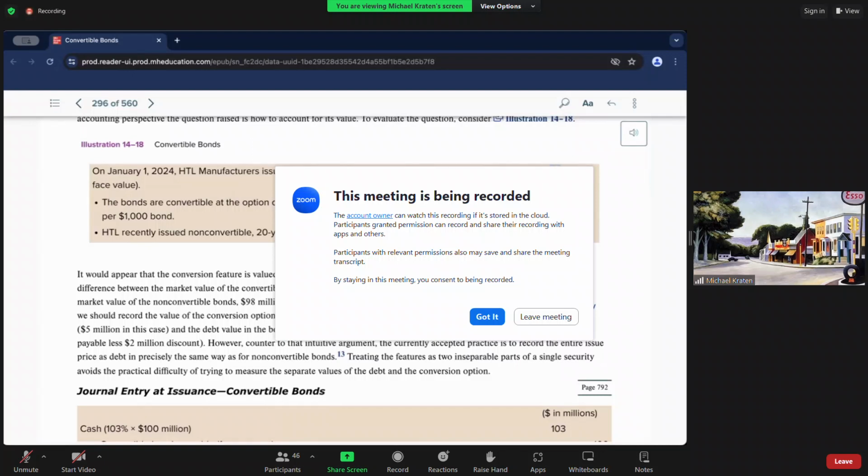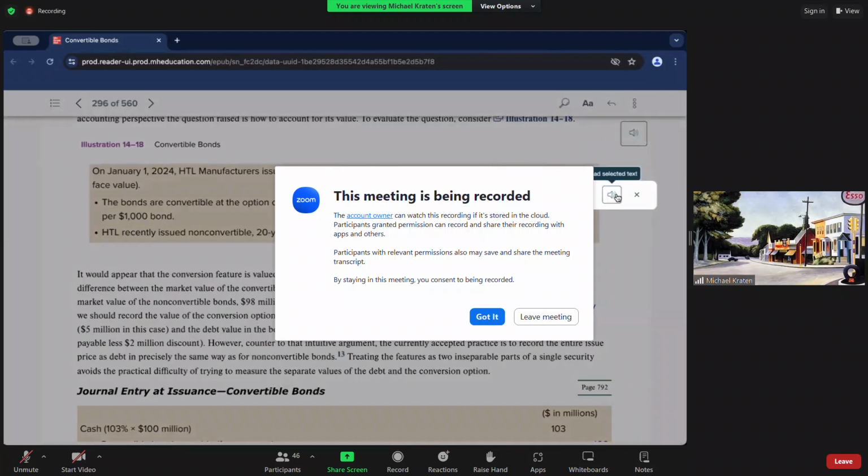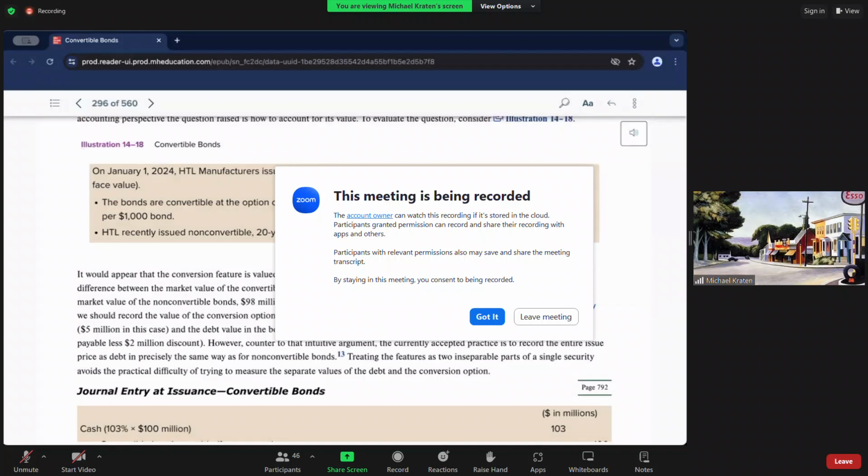And in this particular situation, there is a bank who said, I will go so far as to give you $103 million, even though you initially proposed borrowing 100 million. That's what this transaction is all about.